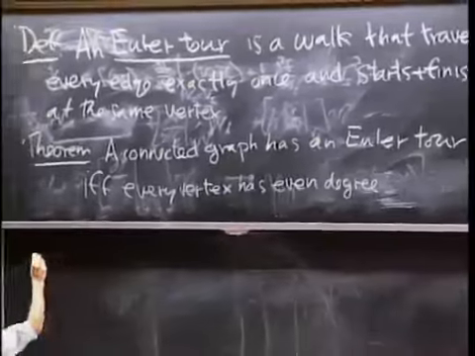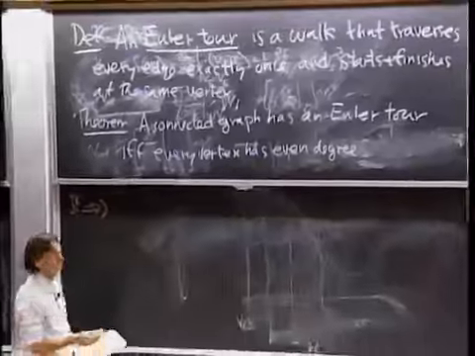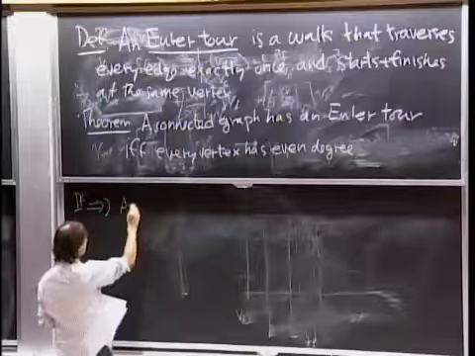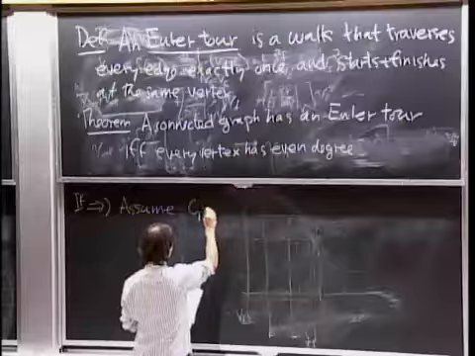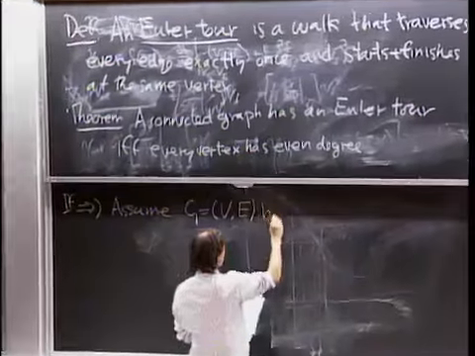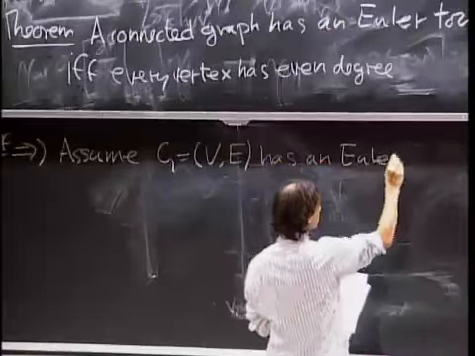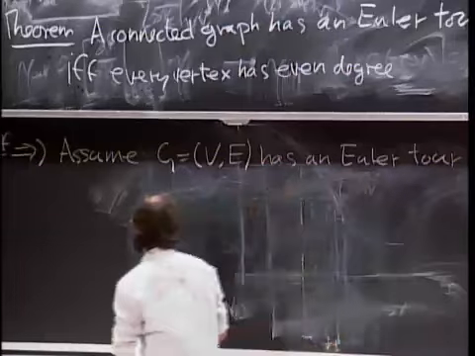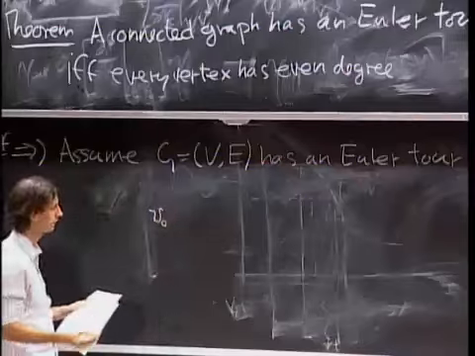So let's first do this implication, where we assume that we have a connected graph that has an Euler Tour. So assume we have a graph G with a vertex set V, edge set E, and it has an Euler Tour. So what does it mean? Well, it really means that we can walk from some start vertex, V0.